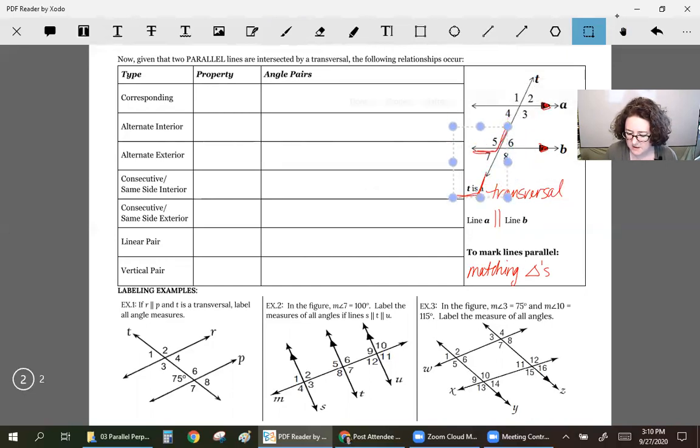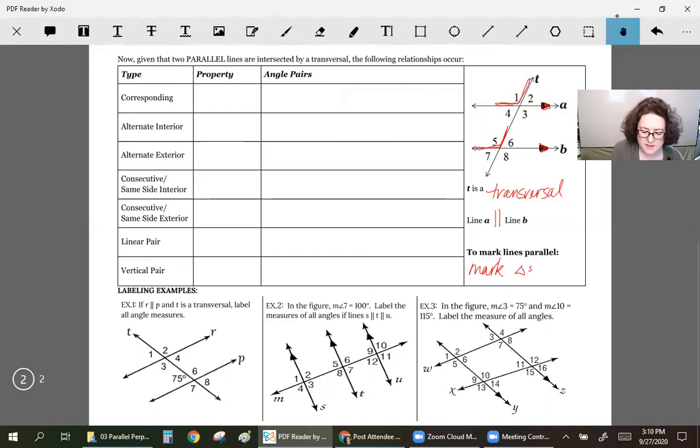Wait a second, it translates perfectly. Interesting. So anytime we have marked triangles, anytime we have corresponding angles with parallel lines, they're actually going to be congruent to each other.